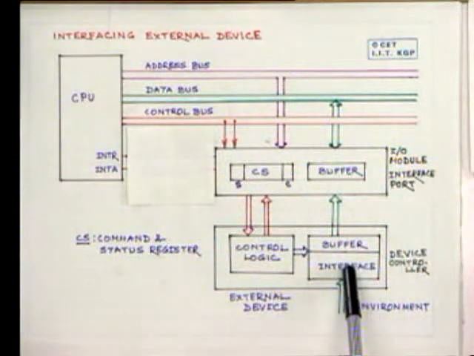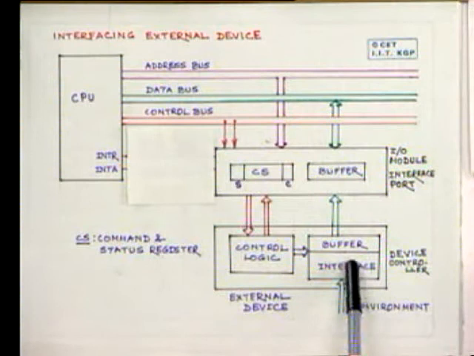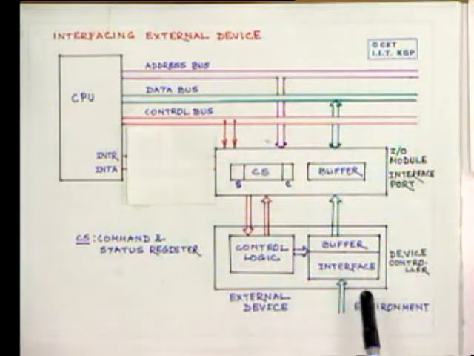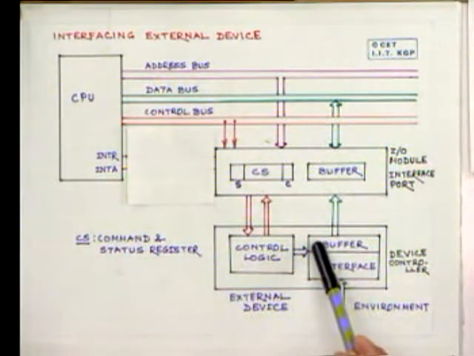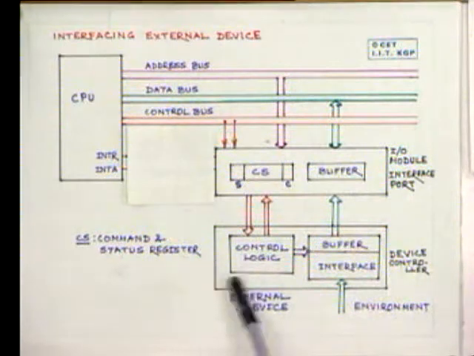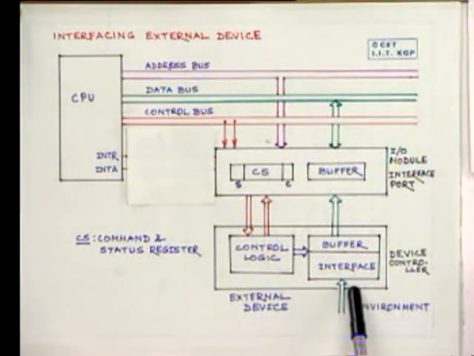That interface possibly will have circuits like analog to digital or digital to analog converters and some such circuits. The data that comes over after conversions is assumed to be in that buffer. The detailed device technology is beyond the scope of our lecture, and therefore we will leave it at that: there is a control logic, there is a buffer, and there is an interface.